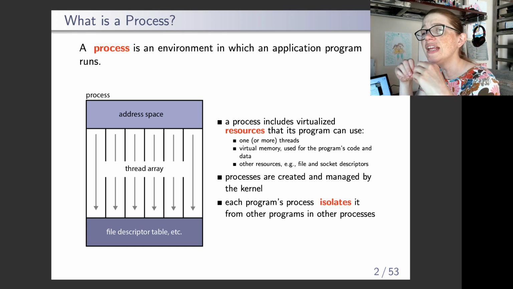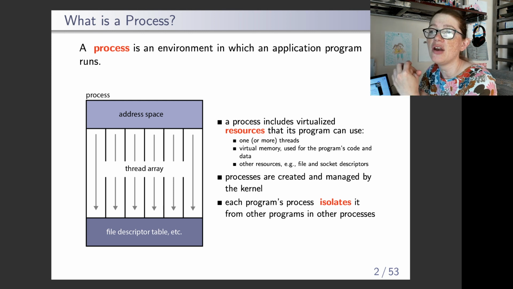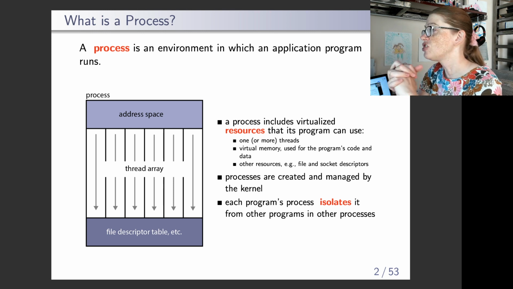We don't really want processes to be able to directly communicate or impact other processes. We don't want one process to be able to start writing into the address space of another process, because that's going to cause race conditions between multiple processes. And that's just an absolute nightmare of a situation.